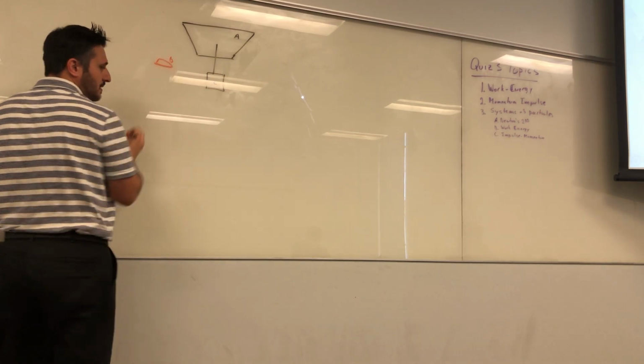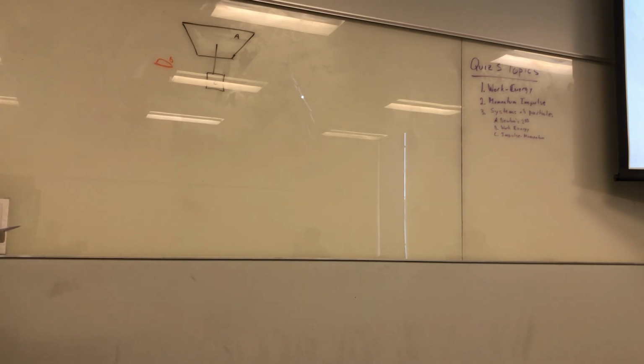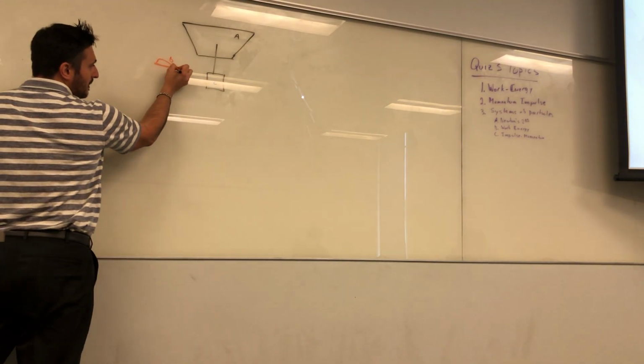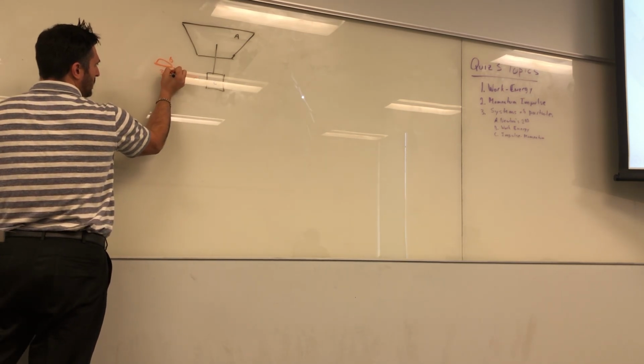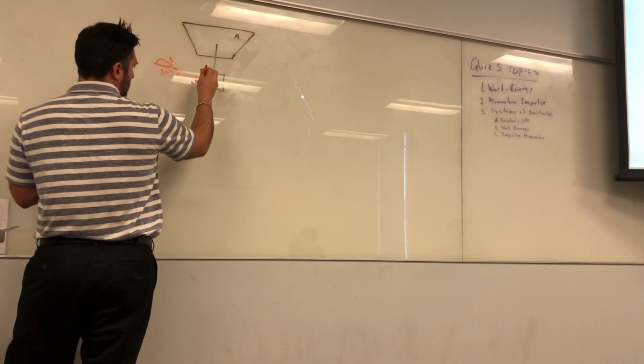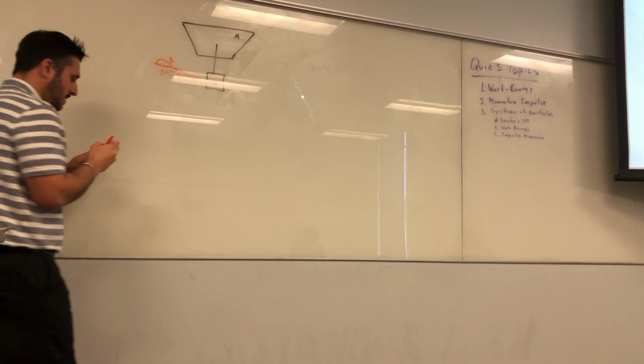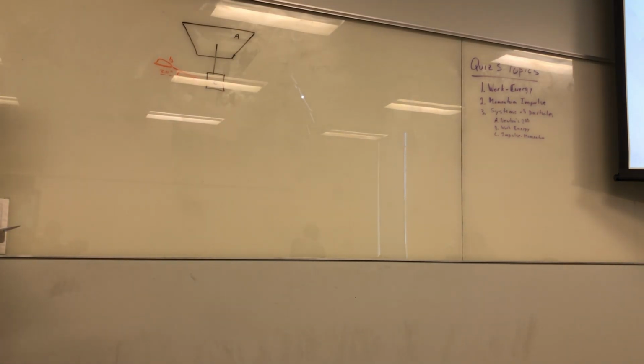We'll call this B, because that's the bullet. And the bullet is fired at 20 degrees, and it's going to lodge itself in here. But we'll get to that part in a second when we do our momentum impulse diagram, because this is going to chain.